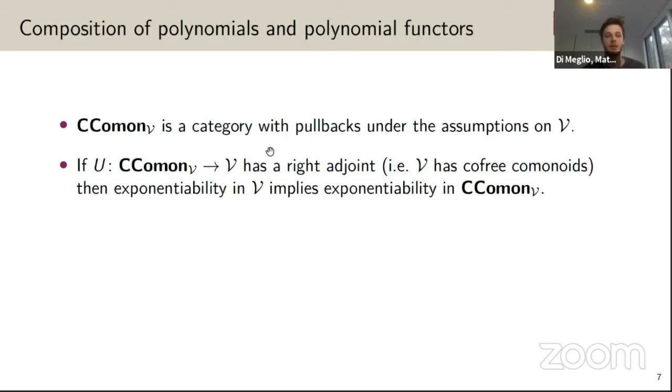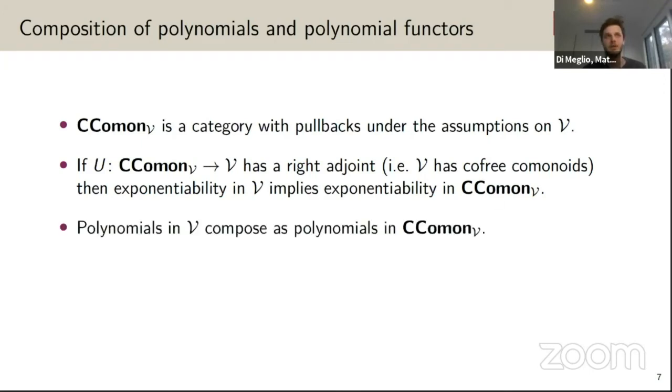And so putting these together, that means that any polynomial in V, as I defined on the previous slide, is also a polynomial in Comon V, as I defined on the slide before that. And so we can compose polynomials in V the same way that we would compose them if we thought of them as polynomials in Comon V.